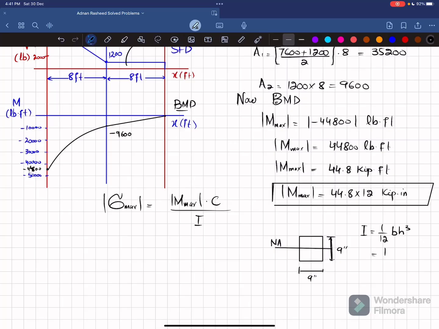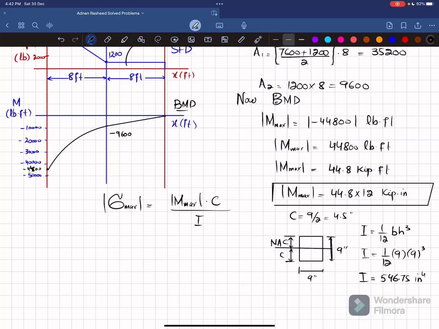Here B is 9 and H is also 9, so 9 power 3 will give you I. When you calculate this, I will be equal to 546.75 inch power 4. What about C? C is the distance from the neutral axis to the top or bottom, so C is equal to 9 divided by 2, which is equal to 4.5 inch.